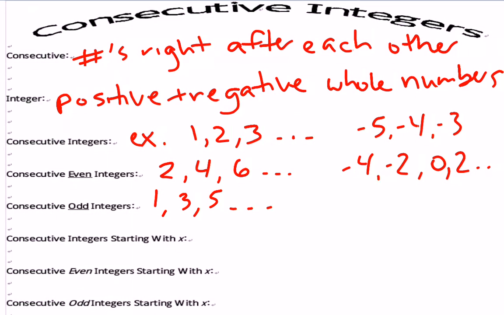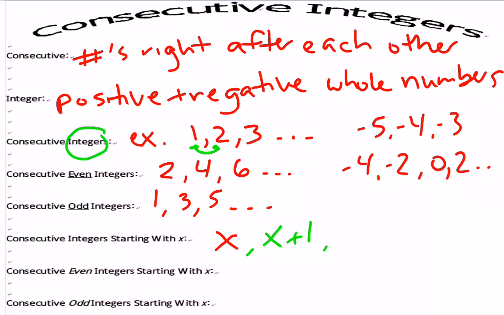So if I want to do consecutive integers starting with x, look back at this example here. Consecutive integers. If x is 1, how do I get from 1 to 2? I add 1. So my next number would be x plus 1.